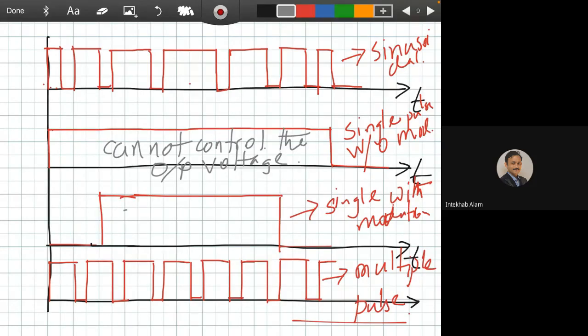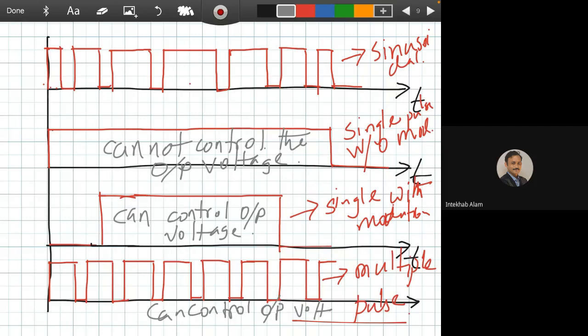Okay, but using this one we can control output voltage, and this one again can control output voltage.